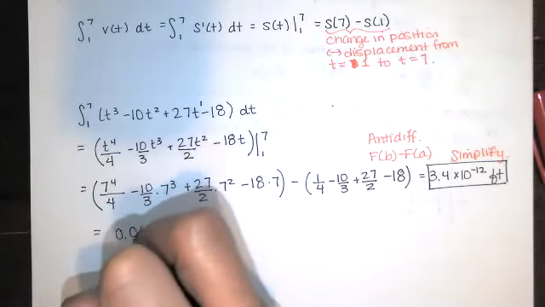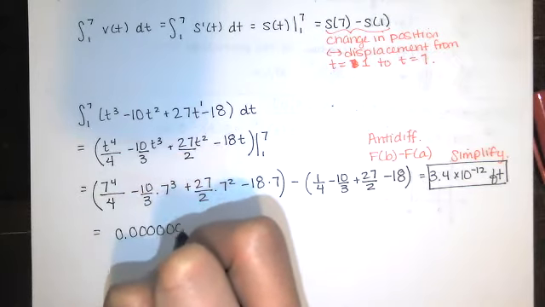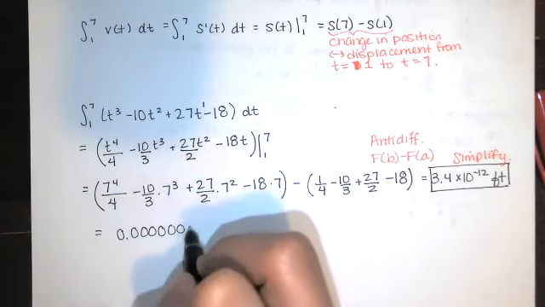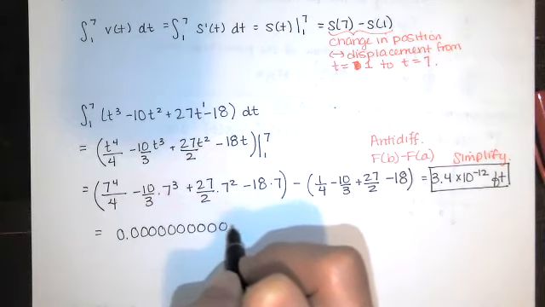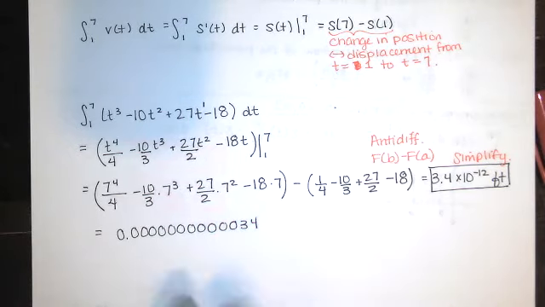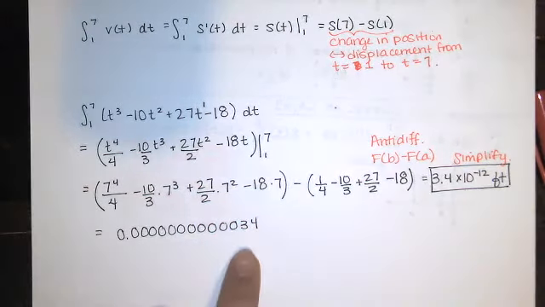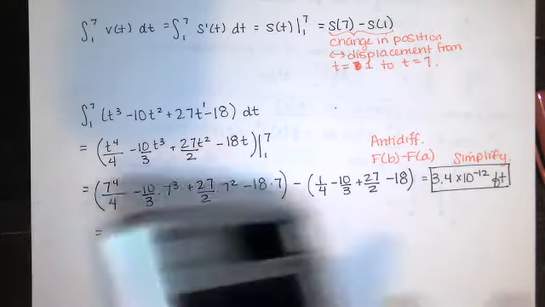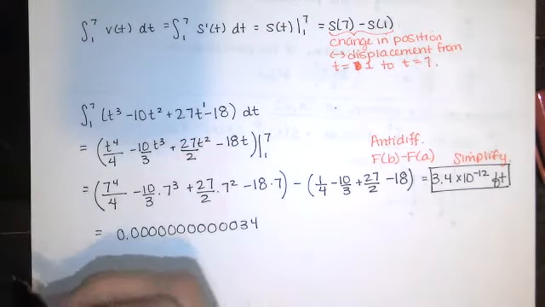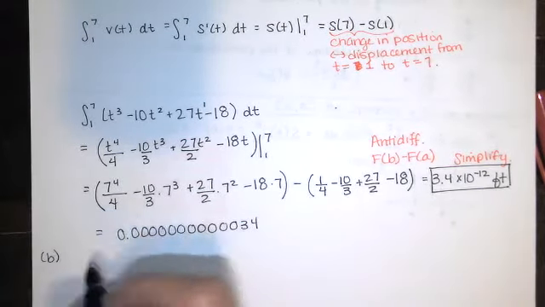That's 11 zeros, guys. 1, 2, 3, 4, 5, 6, 7, 8, 9, 10, 11, and a 3, and then a 4. That's how tiny that is. That's the displacement. Went that much of a unit in the direction of that axis with that arbitrarily chosen positive direction. Okay, that's displacement. Let's see what our distance traveled is.